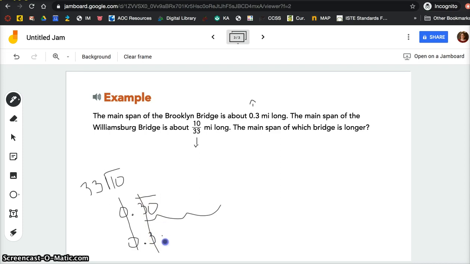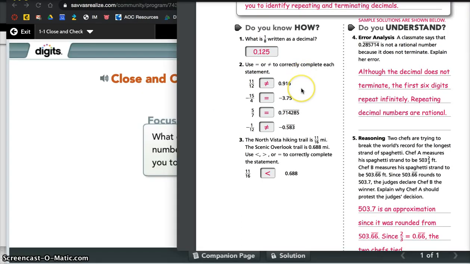This technically is a 0 here. And then we actually have to add on more decimal places here because we need to compare more numbers. But here we know that this is a repeating fraction, so it's going to be 30, whereas this is a 3. So now we can officially say that the Williamsburg Bridge is longer. Now complete the close and check your work.